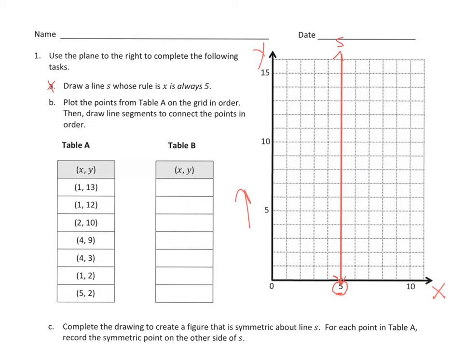B says, plot the points from table A on the grid in order, then draw line segments to connect the points in order. So I got to plot all of these points on there. So I have 1, 13.